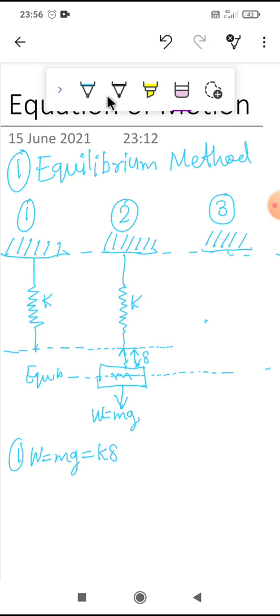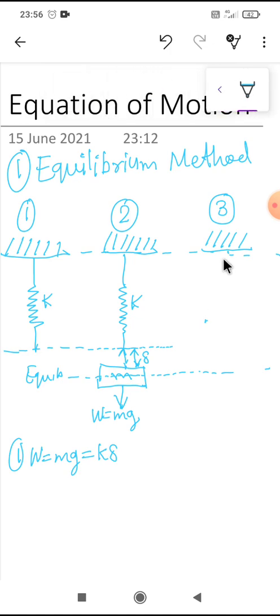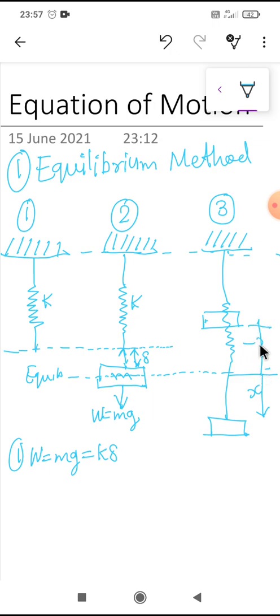Let me draw it again. Suppose the spring has been moving from this to this direction. Suppose this is the equilibrium position, so it is moving in the positive x direction and in the negative x direction.